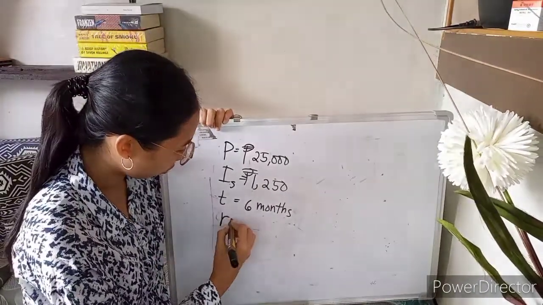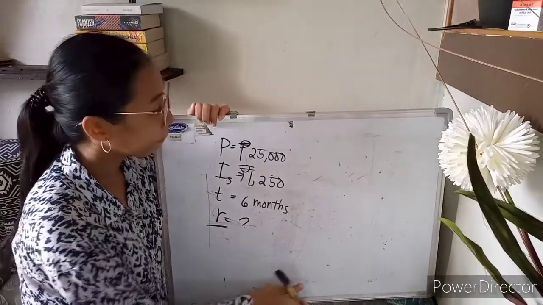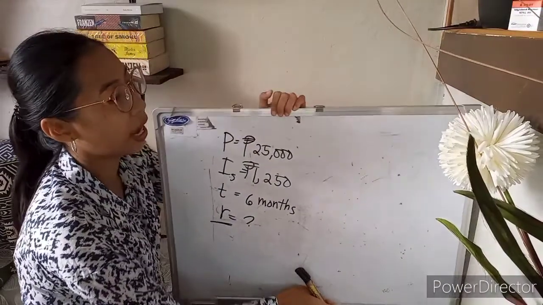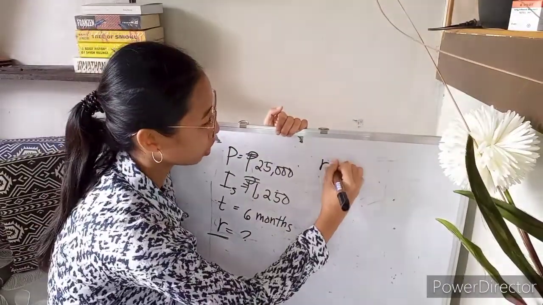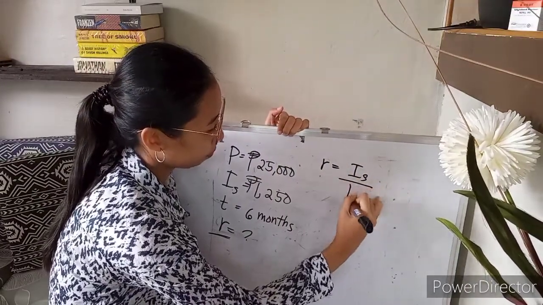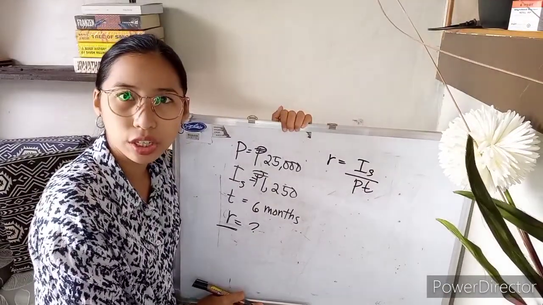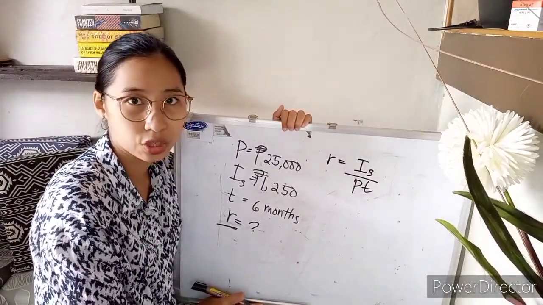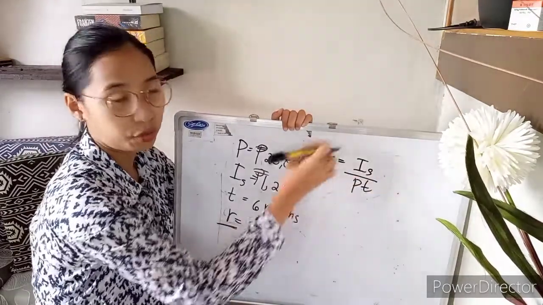So, our question mark, obviously, is R. Okay? So, from our given formulas, what we will use here is R is equal to I S over P T. I made a small error in the presentation. Sorry, that should be P T, not P R, in this formula.